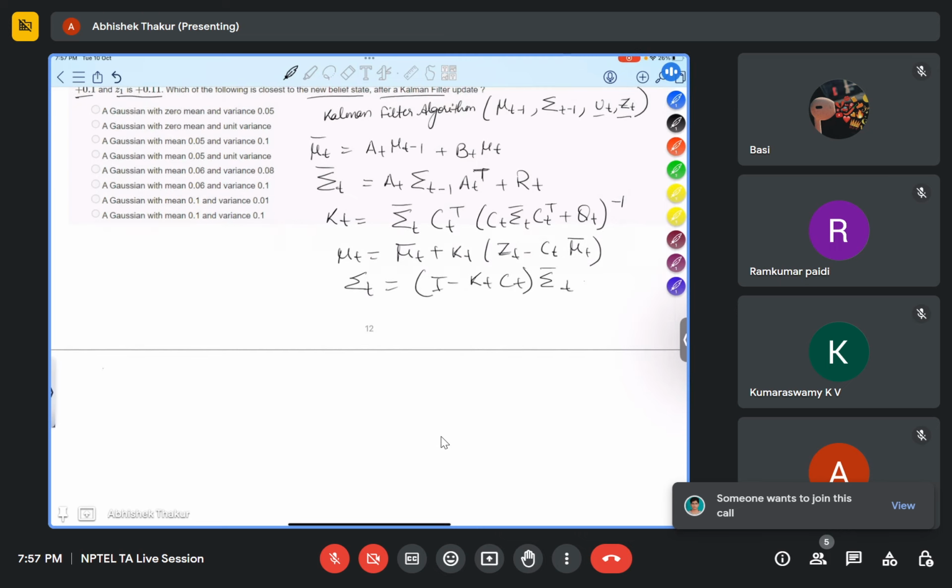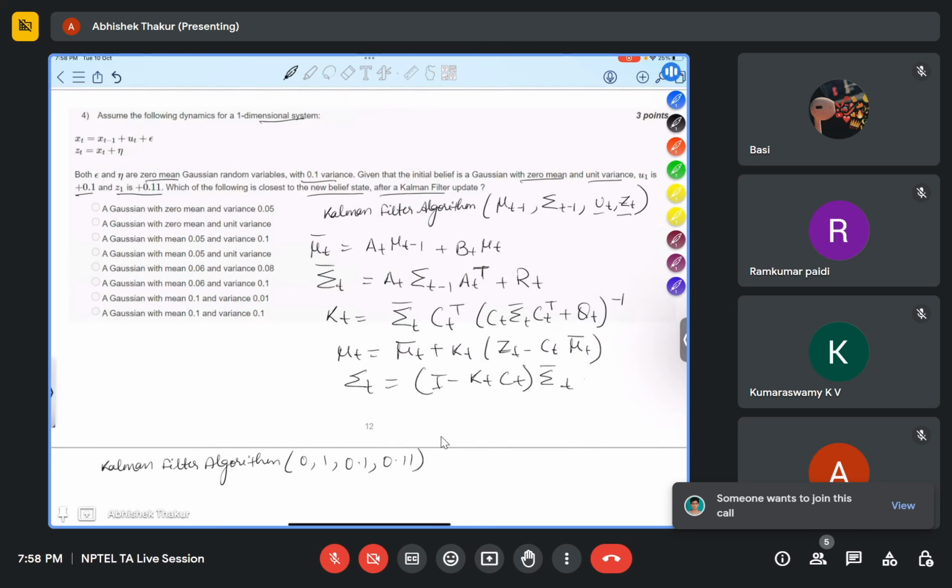So our Kalman filter algorithm can be written like this: 0, comma 1, comma 0.1, comma 0.11.